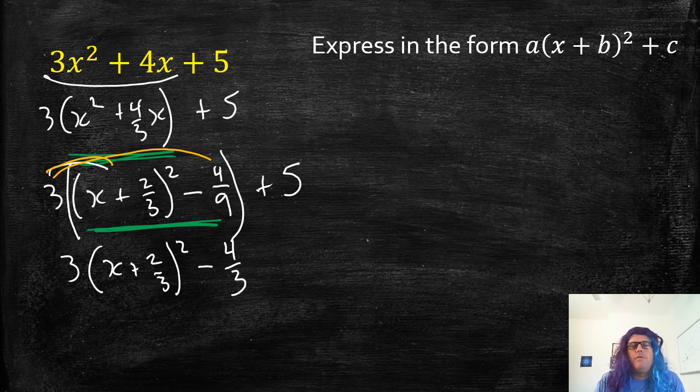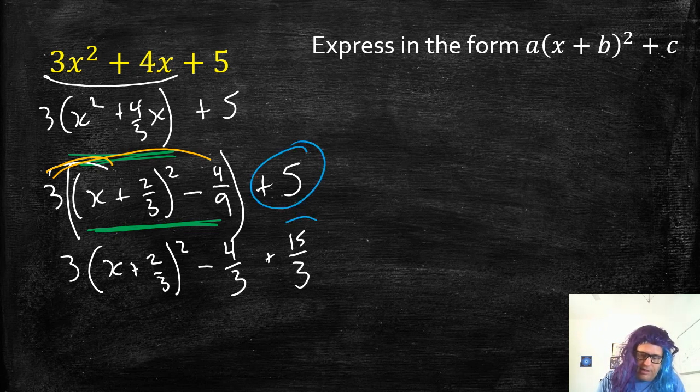All right, but to make the working easy, notice I've got a fraction there that's over 3. So plus 5 is what? Plus 15 over 3, right? Plus 5 is the same thing as plus 15 over 3. It just saves me a step because I'm going to need to combine these fractions.